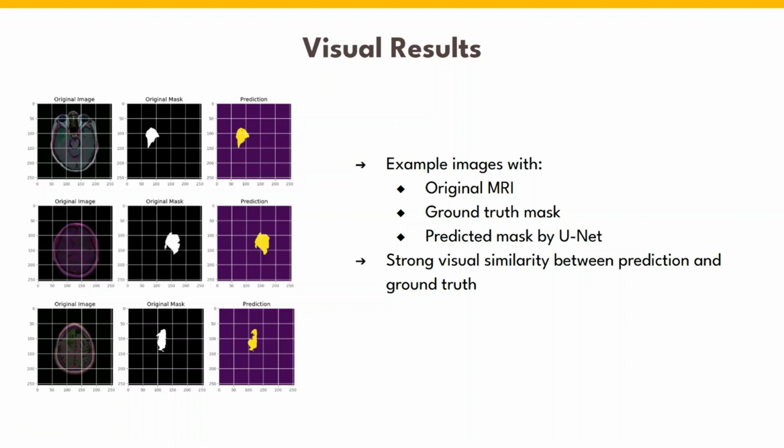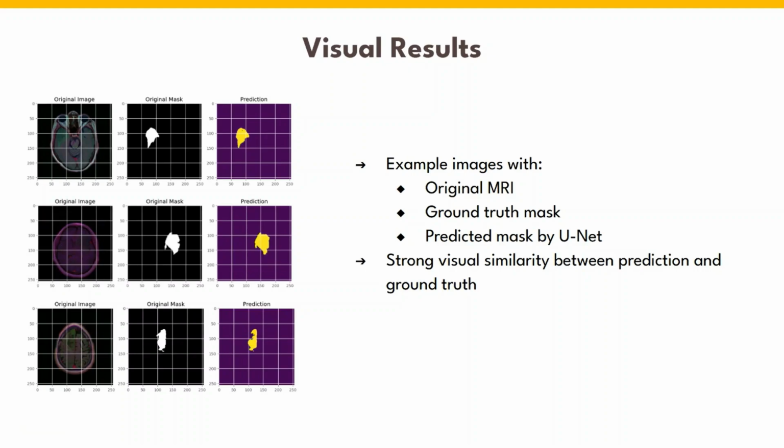To understand how well the model works visually, we tested it on 20 new images that were not part of the training set. On this slide, you can see three things for each test case: the original FLAIR MRI image, the ground truth mask, and the predicted mask generated by our U-Net model.